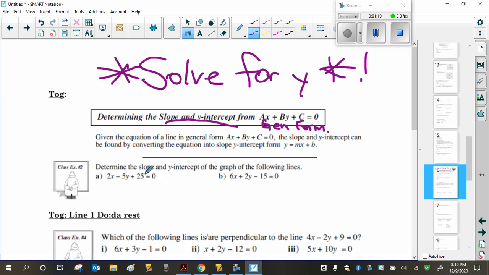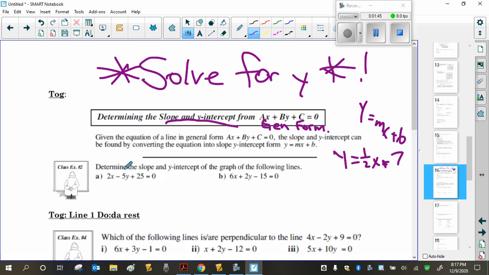When it says determine the slope and y-intercept, that means get y by itself, because when it's in this form, we can look at the equation and we know that the slope is 1/2 and the y-intercept is 7. So we just need to get y equals, just like we would need to do if we were graphing a line on a calculator. And let's do it.